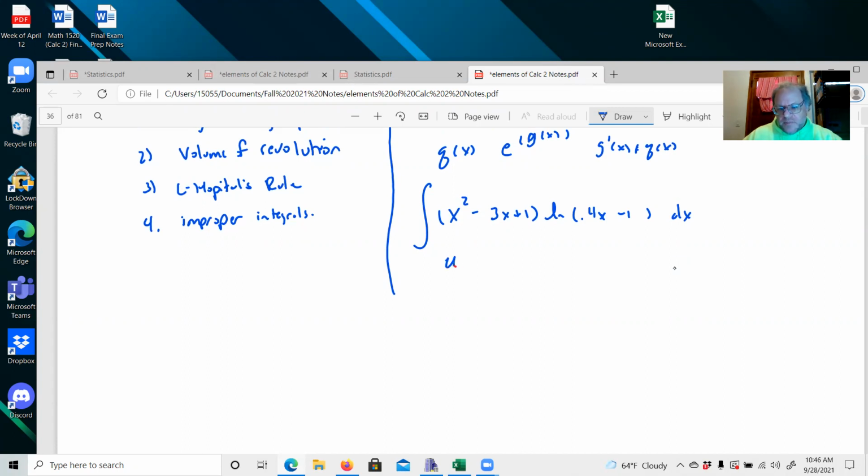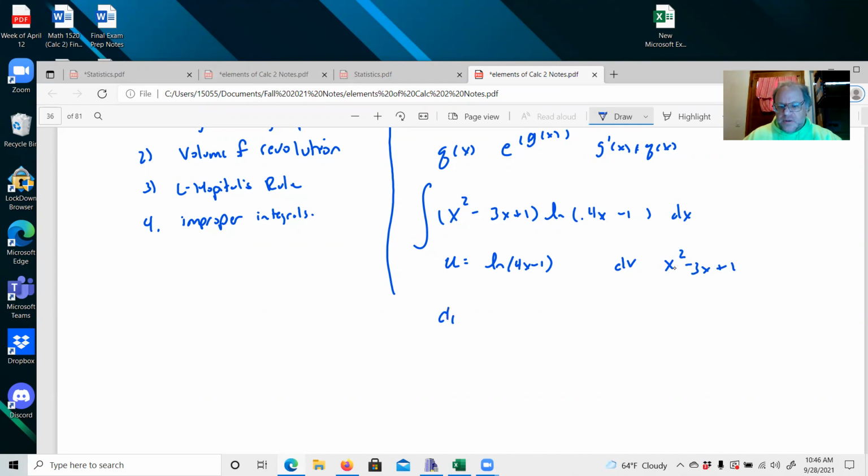We pick our u and our dv. We can't integrate natural log naturally, that isn't one of the easier ones we have, so let's make u equal to the natural log of 4x minus 1. What do we have left? We have a polynomial, x squared minus 3x plus 1.